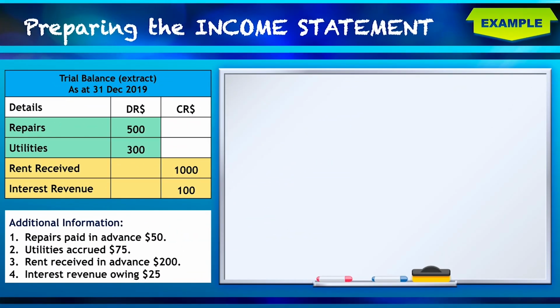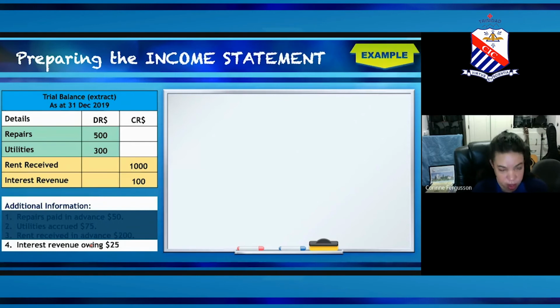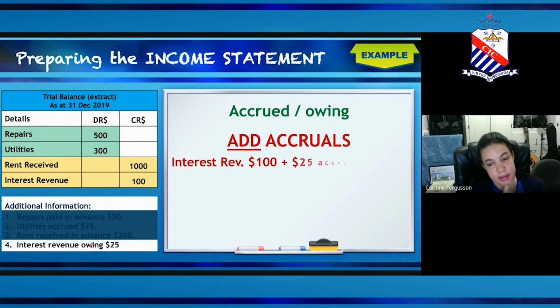And the last one, interest revenue owing, accrual. What do you do with accruals? Add the accruals. How much was received? Trial balance 100. Add your accrual of $25.